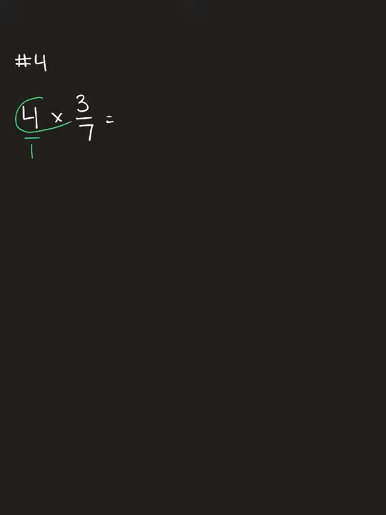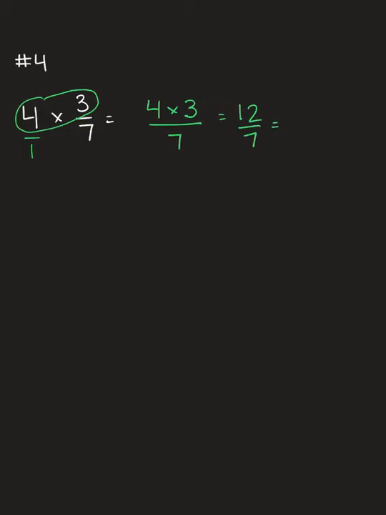So it's going to be multiplied by the top number. So we're going to create our next fraction by multiplying our whole number by our numerator and leaving the denominator the same. So the 4 only multiplies by the top number, not by the bottom. Now, I'm going to finish the multiplication. So this will give me 12 out of 7. And then I'm going to simplify.